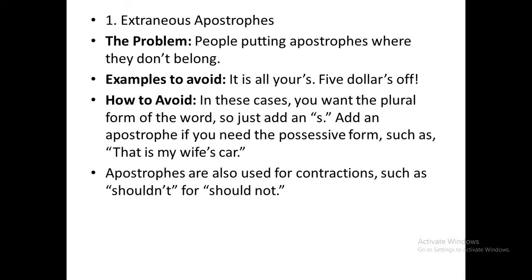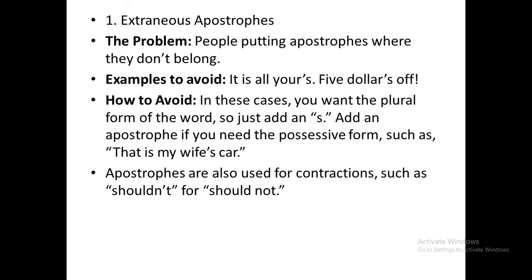In these cases, you want the plural form of the word, so just add an s. Add an apostrophe if you need the possessive form, such as that is my wife's car. So wife's car, the apostrophe is saying something about the property. This is how you deal with the extraneous apostrophe.